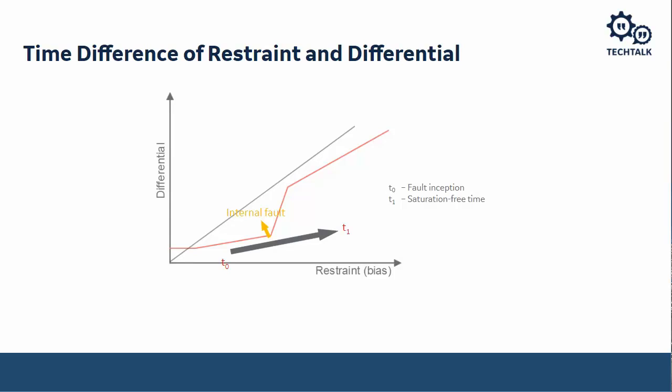It jumps up over here at T2. Well, now we're in the trip region, but we don't want to trip because this is an external fault. So the relay notices that there was saturation going from T1 to T2, inserts its saturation detector, and now we have to look for direction. The direction element would not be satisfied because it's an external fault, and we would properly restrain.